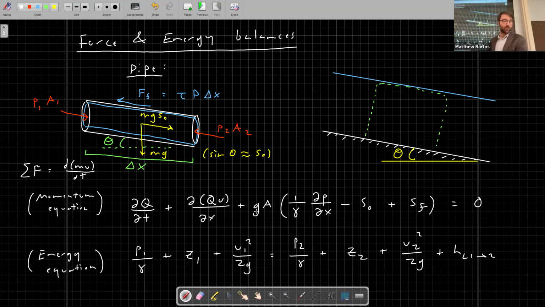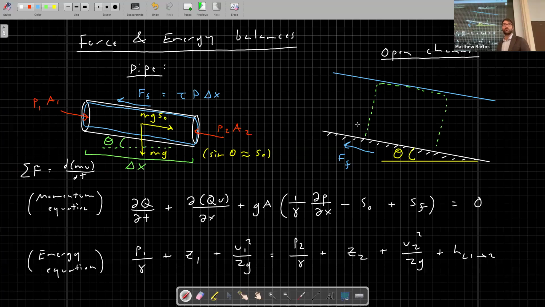Okay, and now let's think about what forces are going to be acting on the water for the case of open channel flow. Is there a frictional force acting on the water? Yes, so there will be a frictional force induced by the bottom of the channel, formulated much in the same way as for pressurized pipe flow.